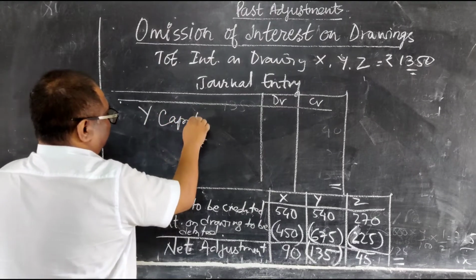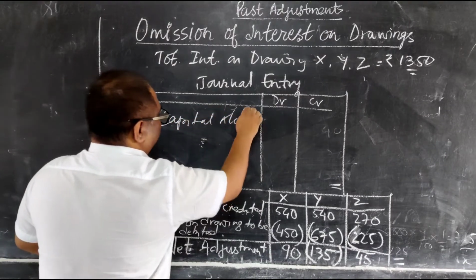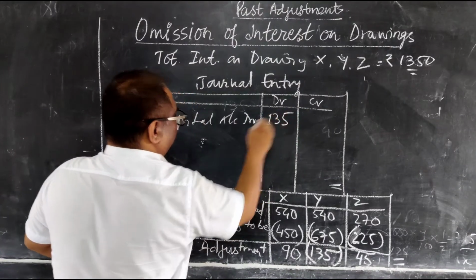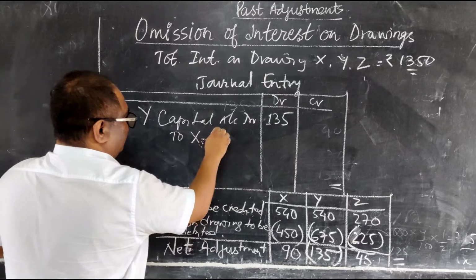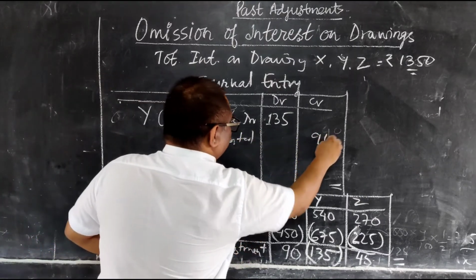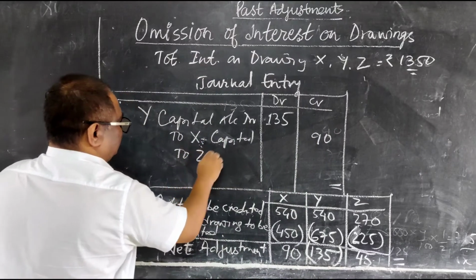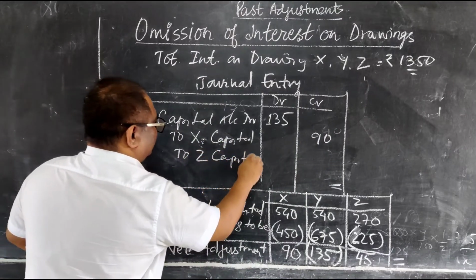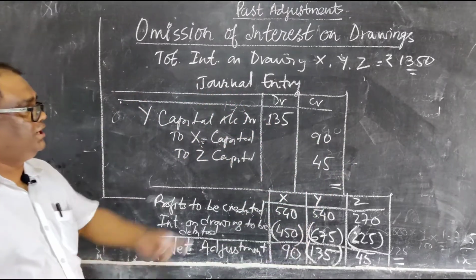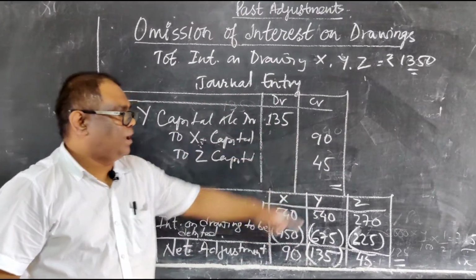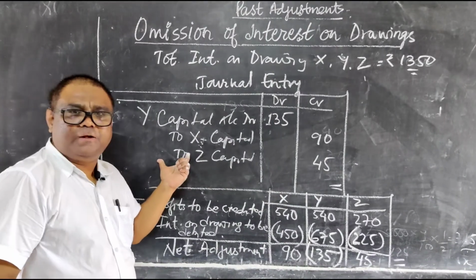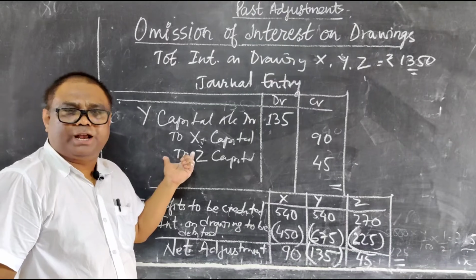Y capital account is debited by 135, to X capital account credited by 90, and to Z capital account credited by 45. So debit is equal to credit: debit is 135, and credit is also 135. So this is the interest on drawings omitted, now rectified.